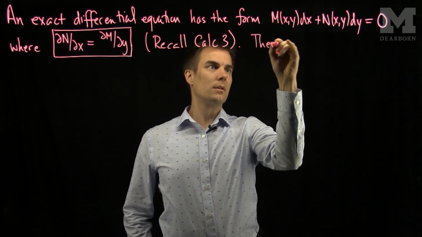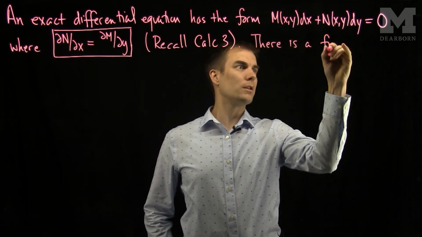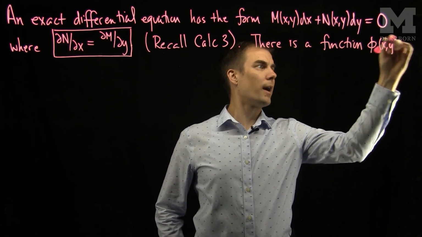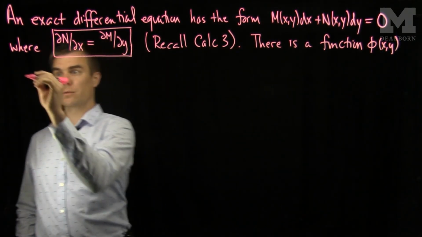To solve exact differential equations, we use the following fact. There is a function phi of x and y such that two things are true.